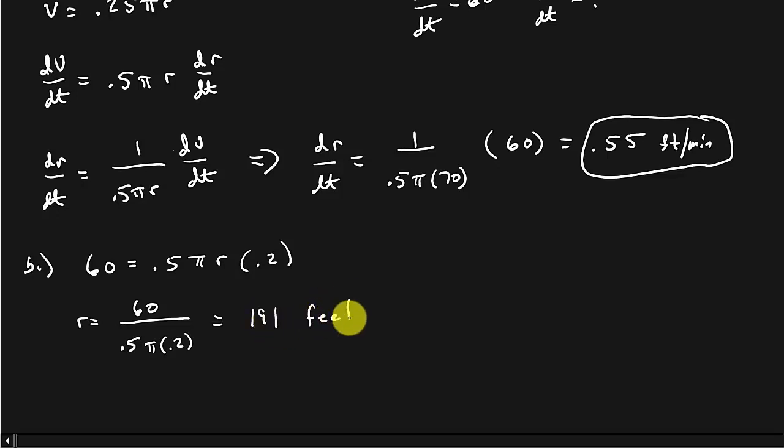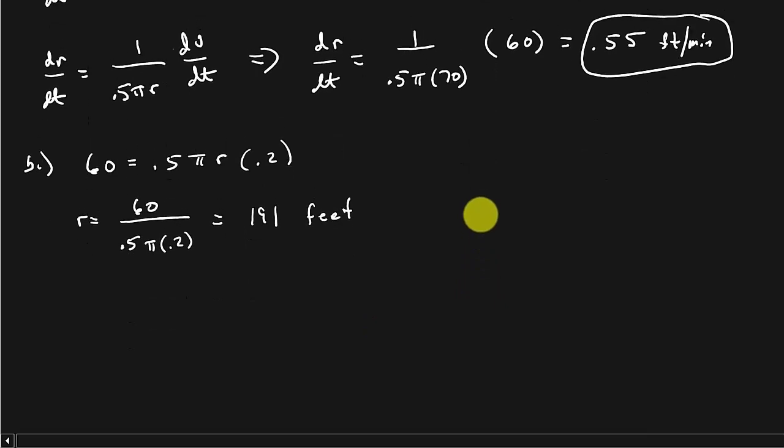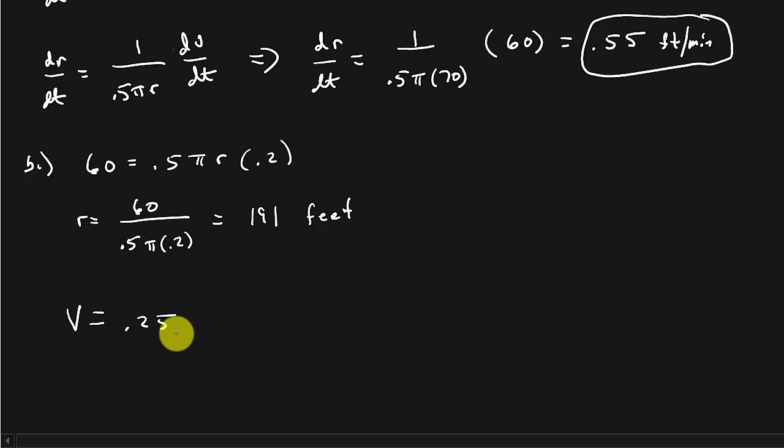191 feet. And so to find the total volume, remember, volume is 0.25, that's your thickness there. So that's going to be 0.25 pi times 191 squared.